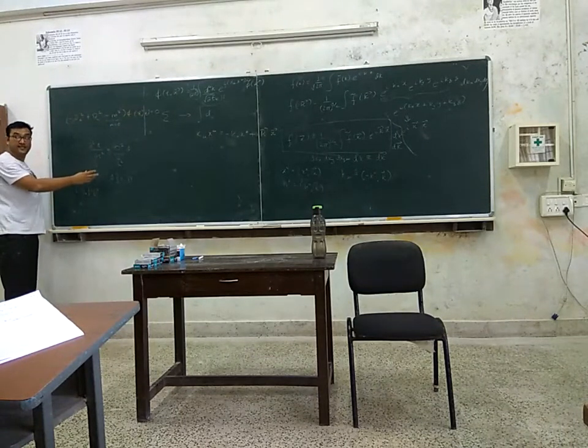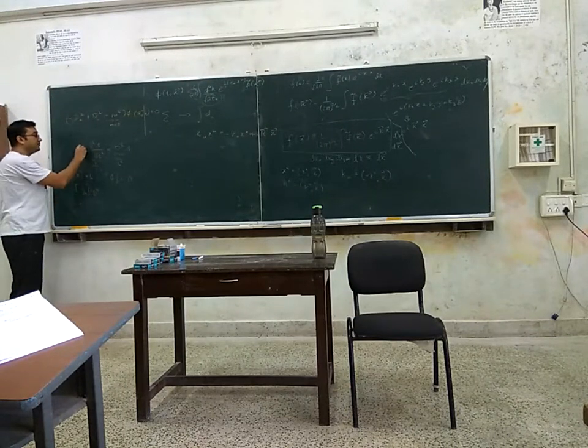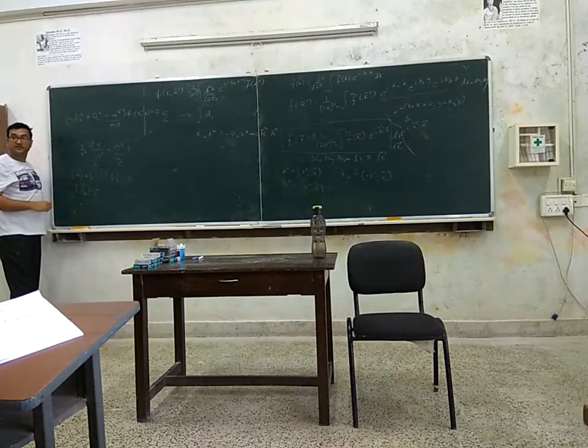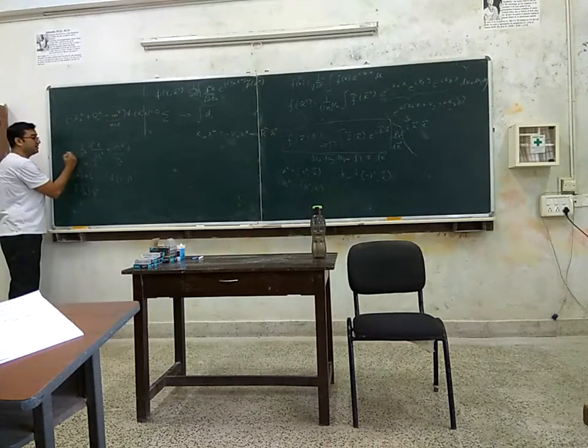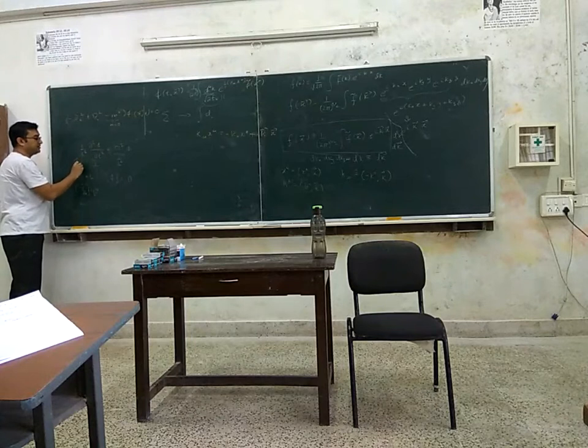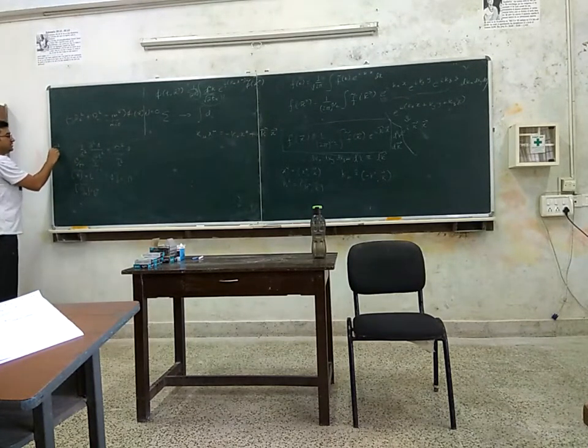This is t, that's L. So in order to make the dimensions the same, I should put something here. This quantity should have dimension of L squared by t squared. Then the total dimensionality becomes t squared by L squared times 1 by L squared, equal to 1 by t squared.